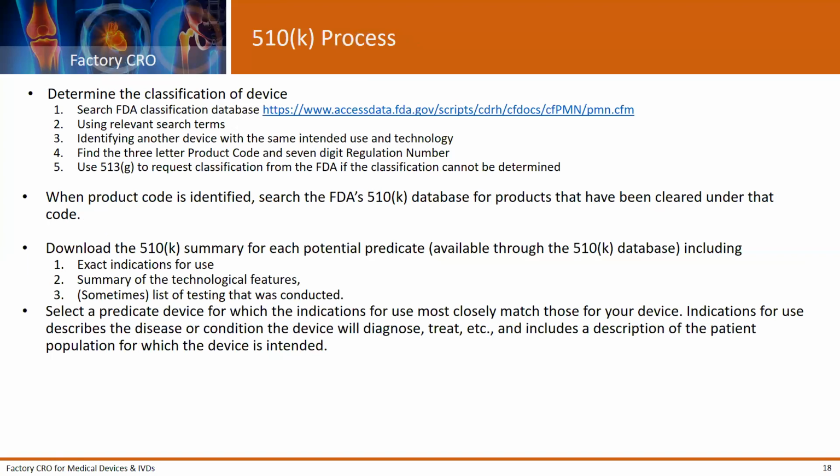When a product code is identified, search the database for products that have been cleared under that code. Then you should download the summaries for each potential predicate device, including the exact indications for use, the summary of the technological features, and sometimes also a list of testing that was conducted. Select a predicate device for which the indications for use most closely match those for your device. Indications for use describe the disease or condition the device will diagnose, treat, etc. Okay, please advance.